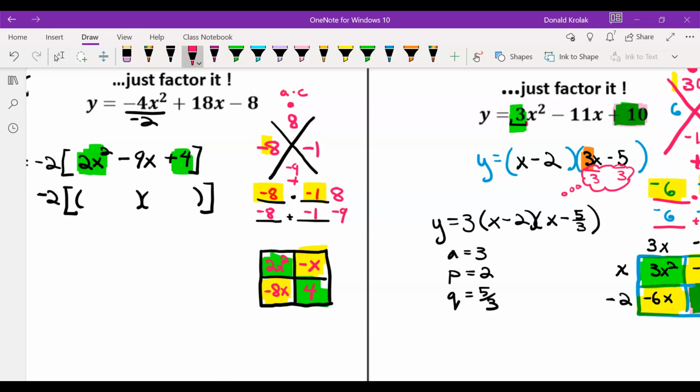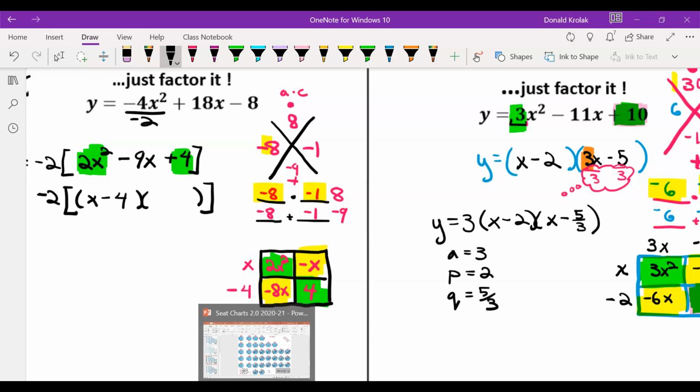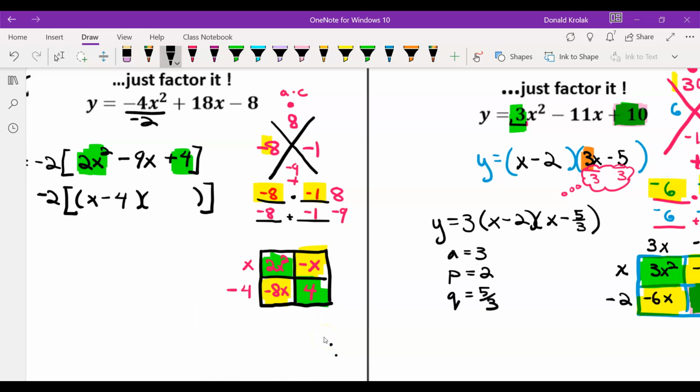Okay, GCF it. So I've got a leading negative, negative. These both have an x in them with a leading positive. X minus, and now do your columns.